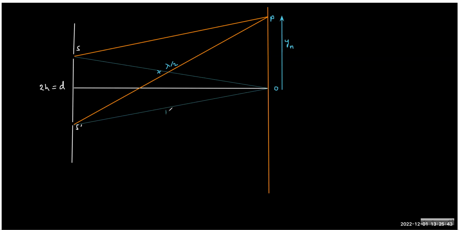So this path is actually lambda by 2 extra. Yes, sir. And that is why the interference at O, okay, in our case, O cannot have interference at all. Why? Because the region of interference starts somewhere here. All right. So the interference will only happen beyond that point. So at O, there is no interference, in fact.